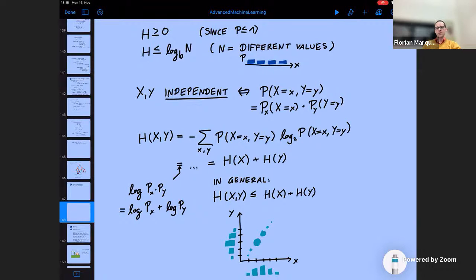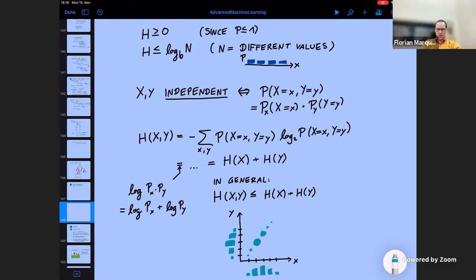And so its entropy is actually less in this case than the sum of these two entropies. So by looking at the joint distribution, you recognize that there is more structure and less randomness than you would have expected if you only were to look at the so-called marginal distributions of x and y. So these distributions when you forget about the other variable. Okay, so the important property, additivity, or at least if they are not independent, then you have this inequality.